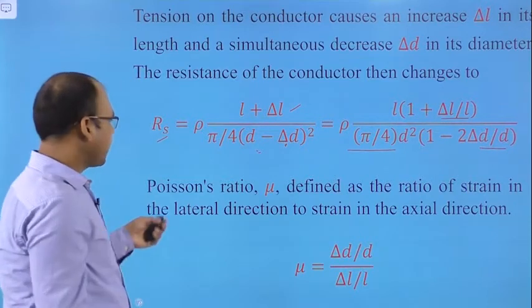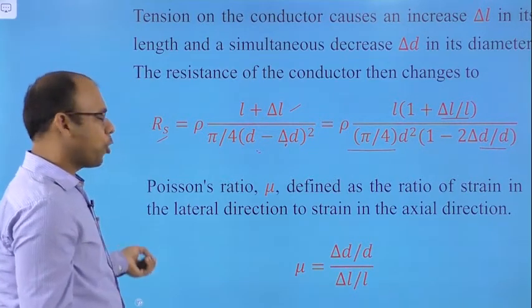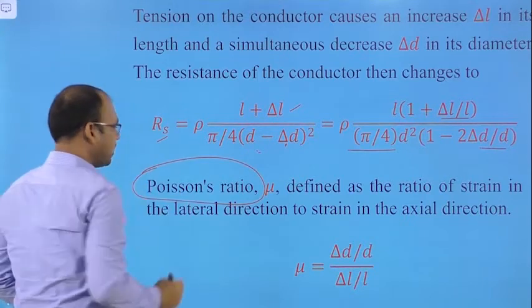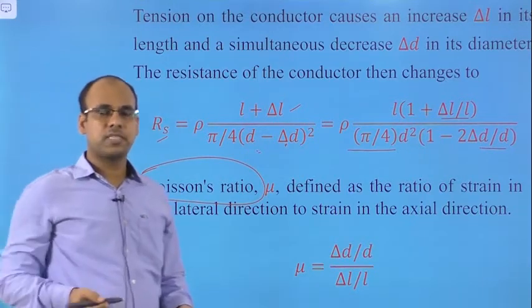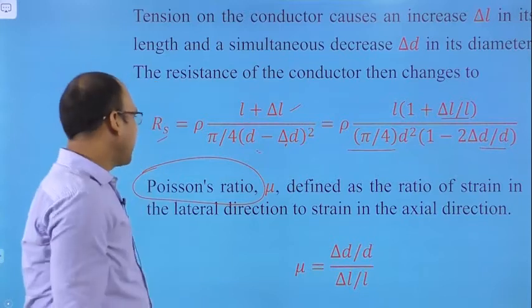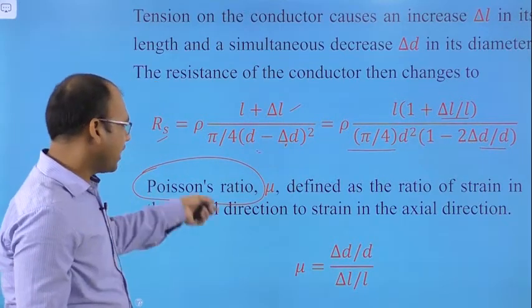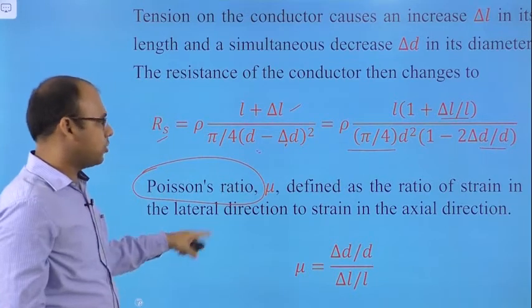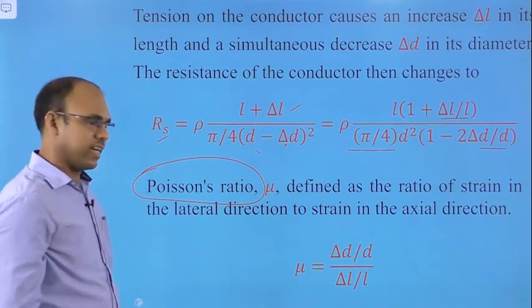So here we are defining the Poisson ratio. This is a very important point that is asked most of the time in examinations. And what is Poisson ratio? It is defined as the ratio of strain in the lateral direction to the strain in the axial direction.